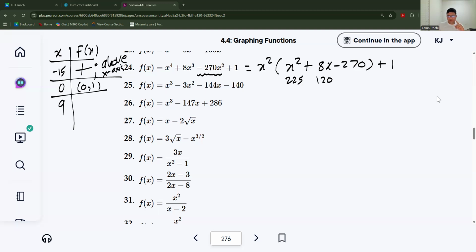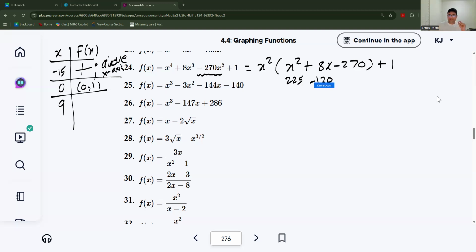Something is wrong here. Did I miss any information? 225. Oh, x is minus 15. I'm sorry. I made a mistake here. Because I was thinking, how can it be positive at minus 15 and again positive at 0, but only 1, then it has to be between 0 and 1 at minus 15. That sounded illogical.